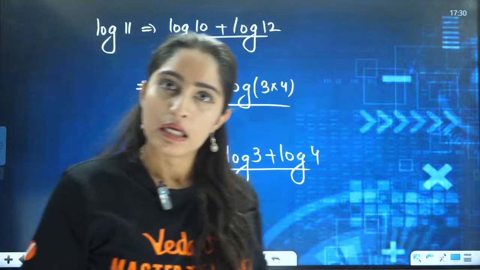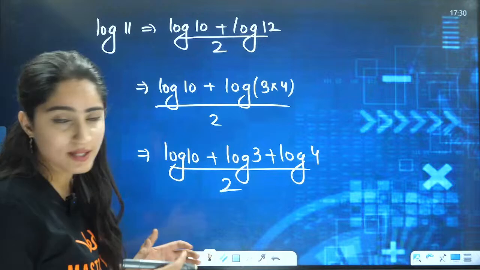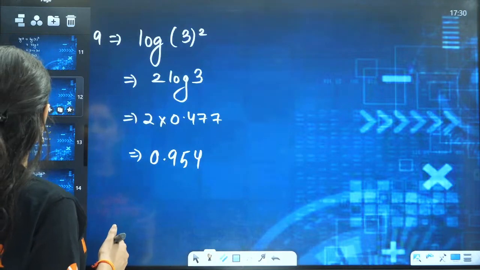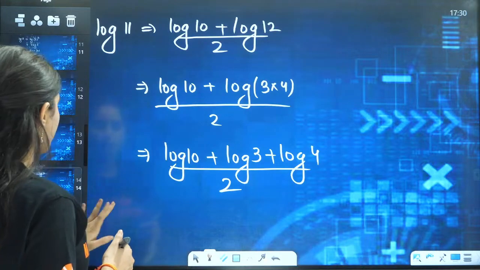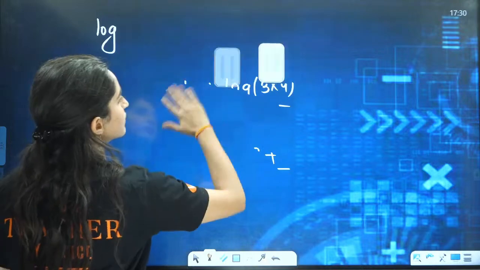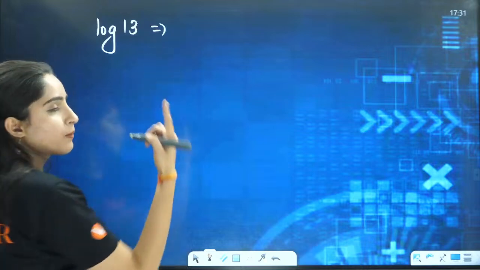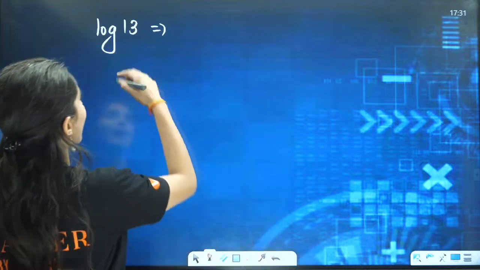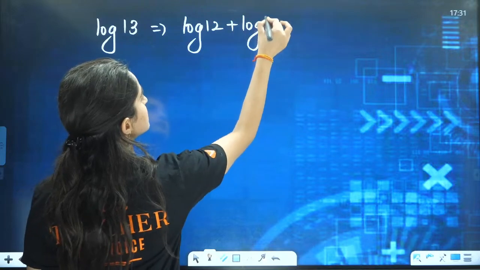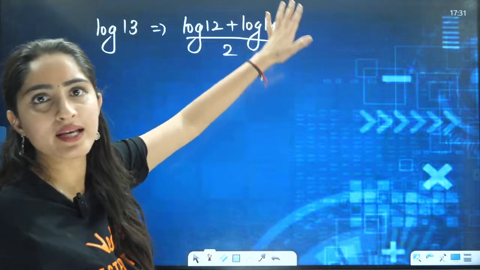Similarly, if they ask you to calculate the value for log 30, then how will you calculate? Take the average of minus 1 and plus 1. Minus 1 means log 12, plus 1 means 14. Both are even numbers, you can easily calculate for even.